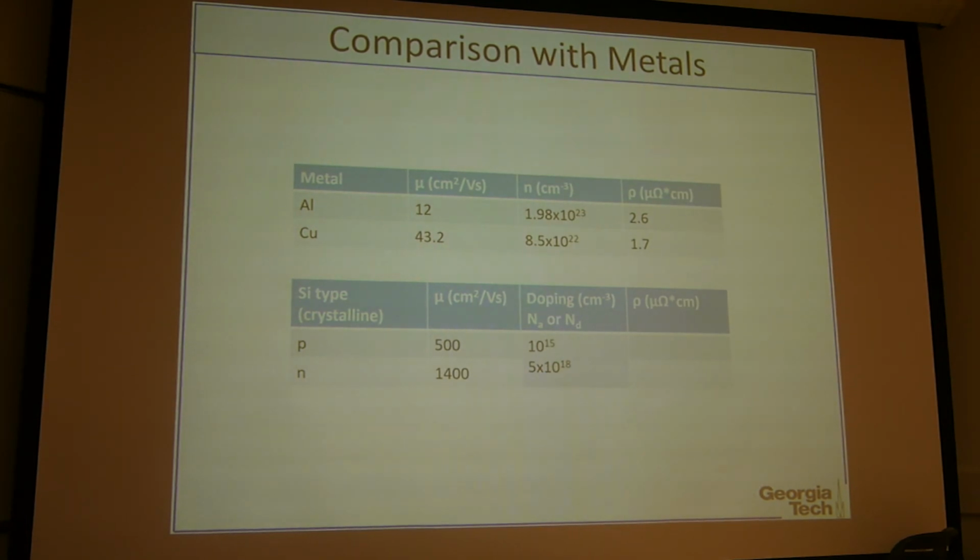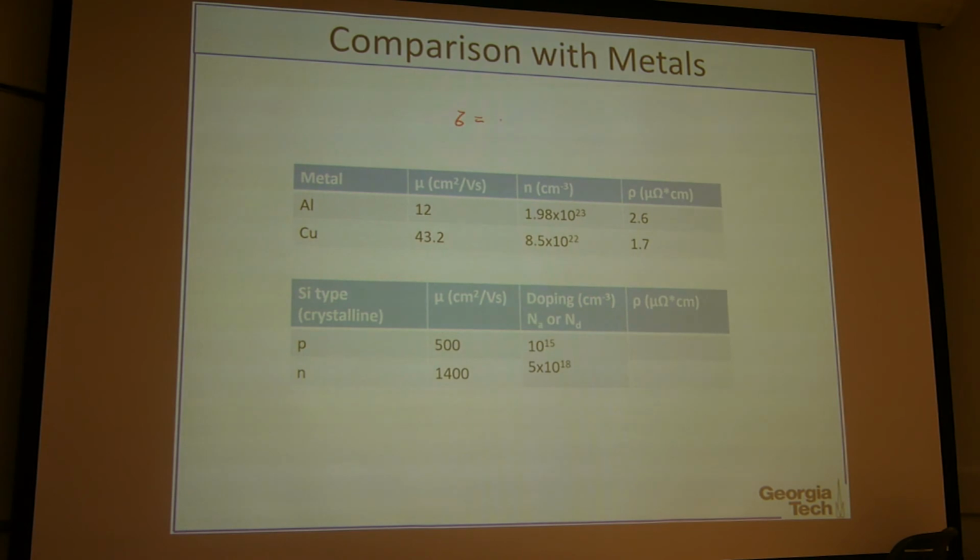So the last point in this lecture is the comparison with metal in terms of the resistivity. If you recall lecture 2 on the metal interconnect, we talked about aluminum and copper, and we have this table with the mobility for copper or aluminum and the electron density. So those are the electron densities for copper, and then we get the resistivity. How did we get this resistivity, if you recall? We get sigma, which is conductivity.